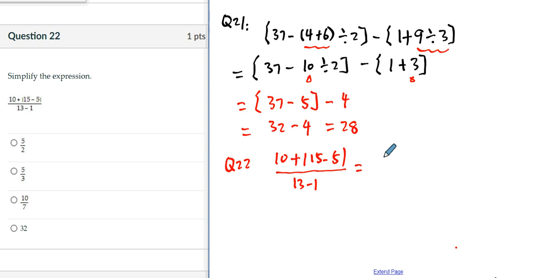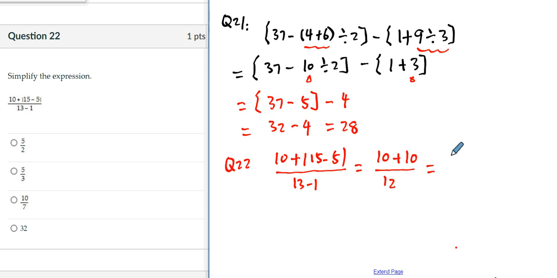Absolute value, you do absolute value first. 15 minus 5 is 10. Choose the absolute value, you have a 10. Downstairs is 13 minus 1, that's 12.